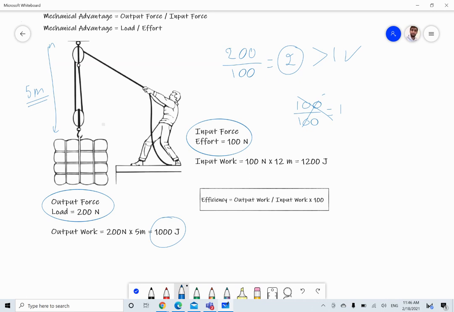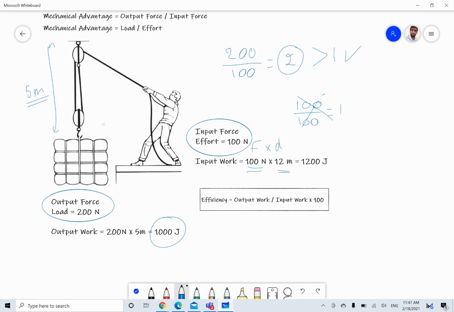And if I want to look at the input work, let's say that I am applying an effort of 100 newtons, which is the force, and we know that force times distance will give me the value of the work. So the input work is 100 newtons multiplied by 12 meters, which is equal to 1200 joules, which is greater than the output work.